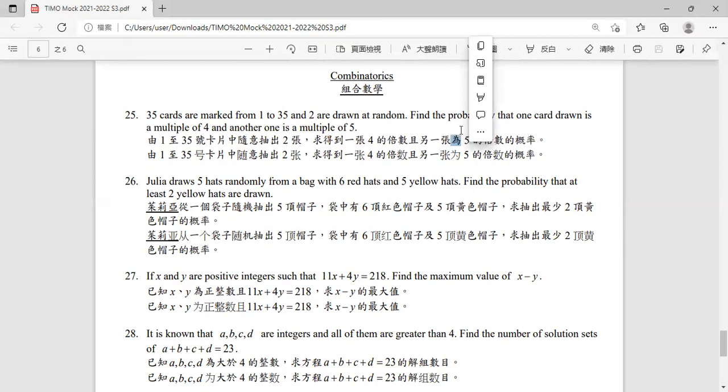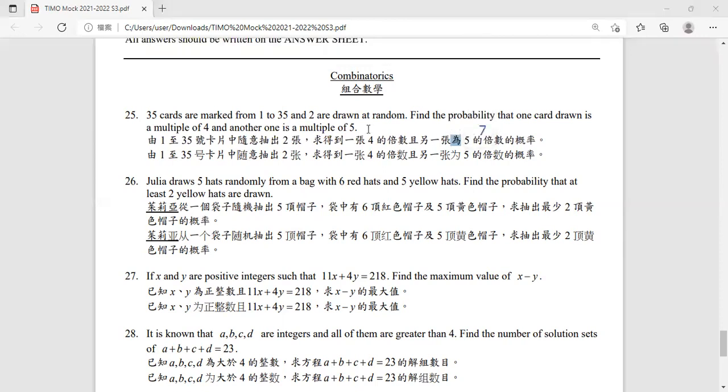For multiples of 4, there are 8 cards. But there is one card that is both a multiple of 5 and of 4, which is 20.